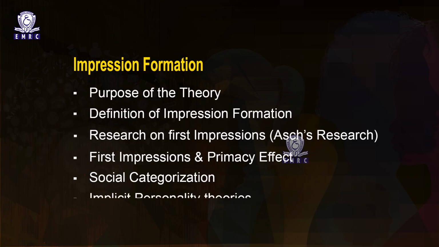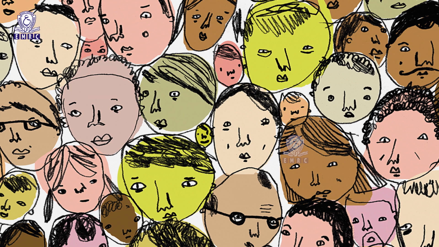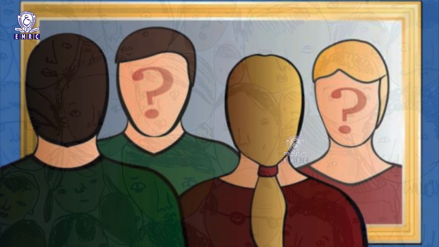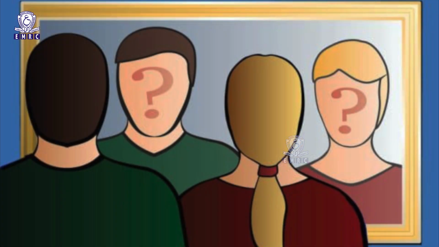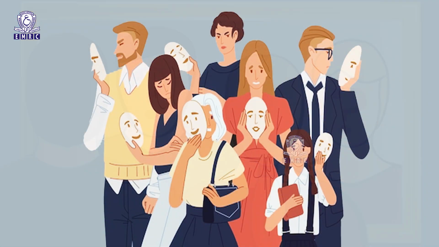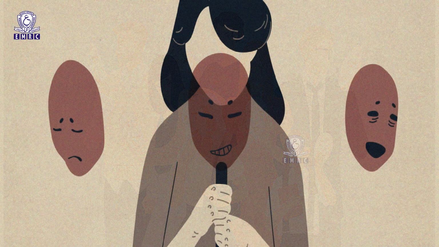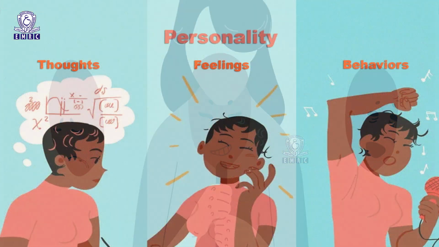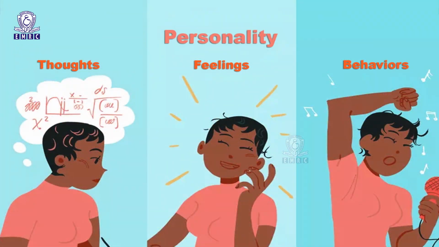Now, next concept, implicit personality theories. Now, what is implicit? Implicit means suggested or understood, though not plainly expressed. Personality theories are sets of assumptions that people have about how different types of people, personality traits and actions are related, and these theories are formed in childhood only.